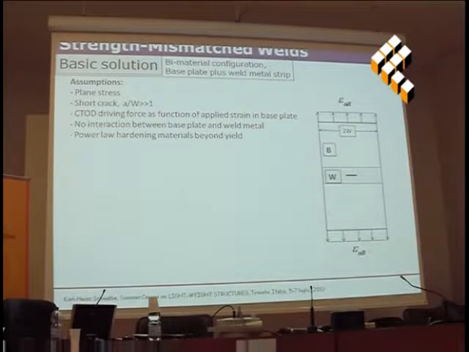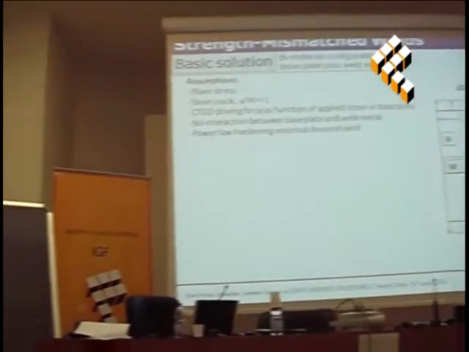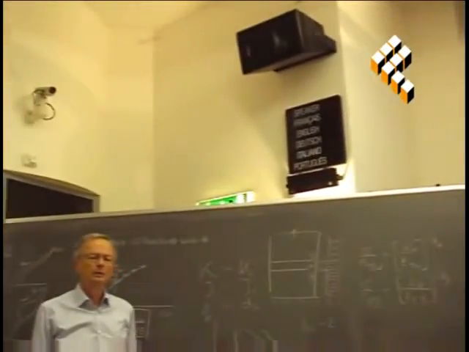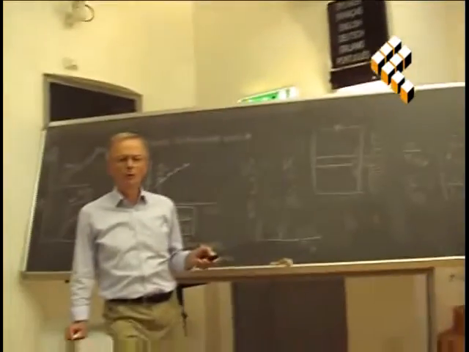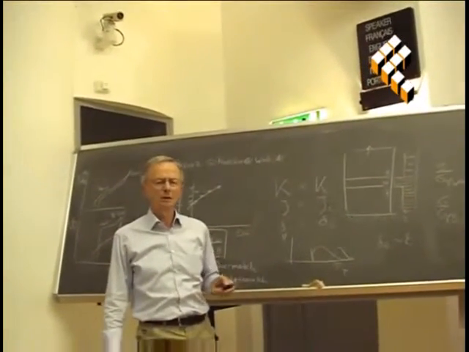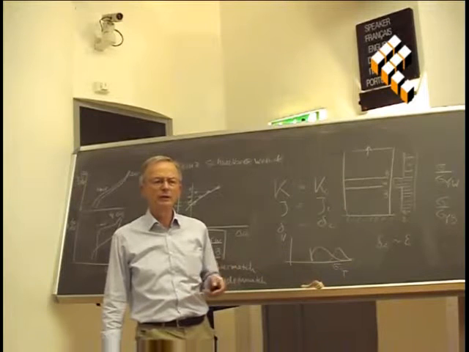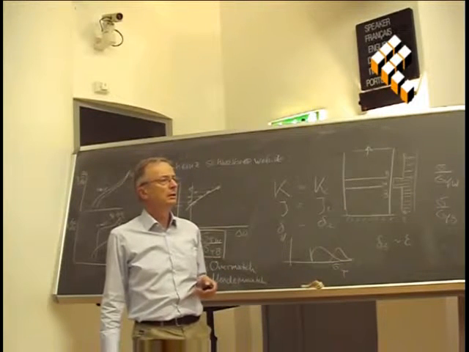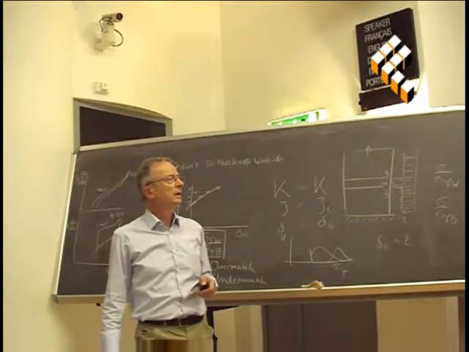I've made a number of assumptions, particularly for thin sheet. I've been working on lightweight structures from the very beginning, so we had lots of collaboration with MBB, Messerschmitt-Bölkow-Blohm, the German aircraft manufacturers, and Airbus, and also some other people.